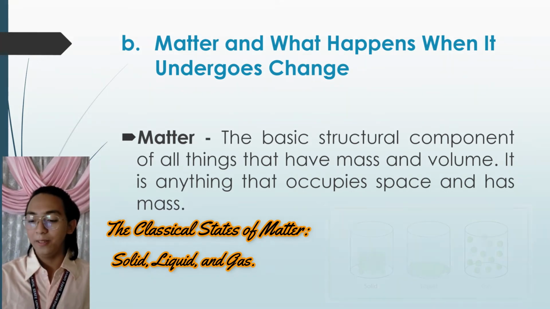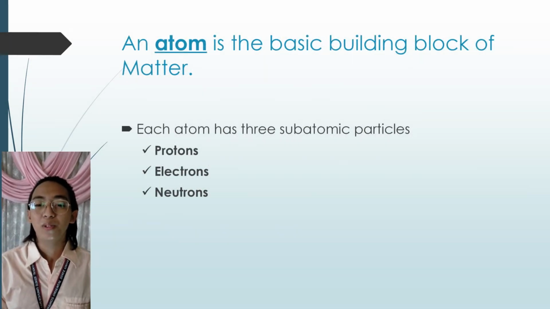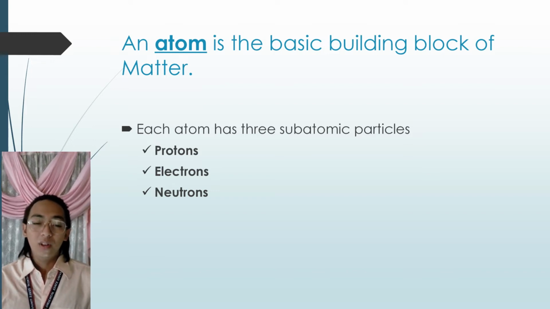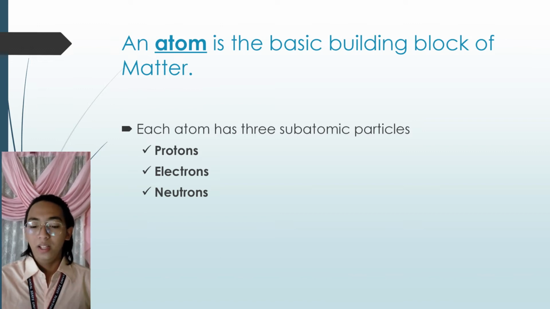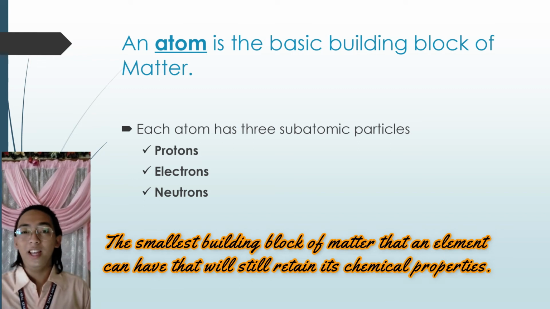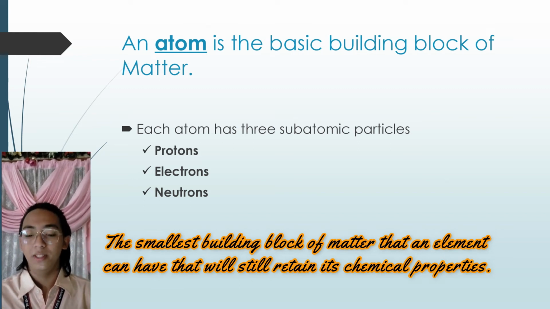So, moving forward, as I have discussed, matter is composed of atoms. Now, what is an atom? An atom is the basic building block of matter. It is also the smallest building block of matter that an element can have that will still retain its chemical properties.